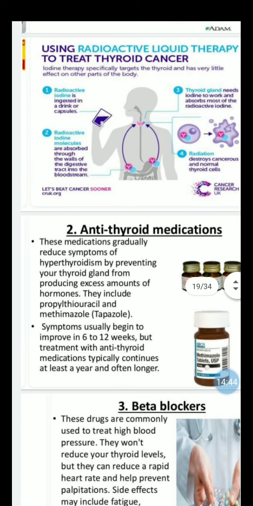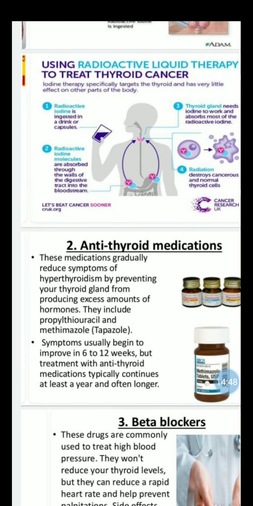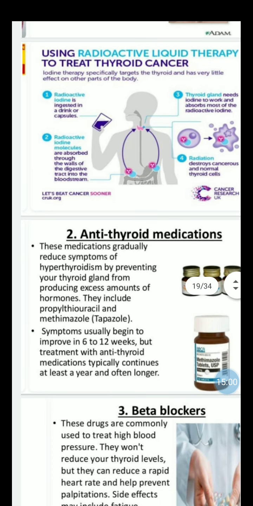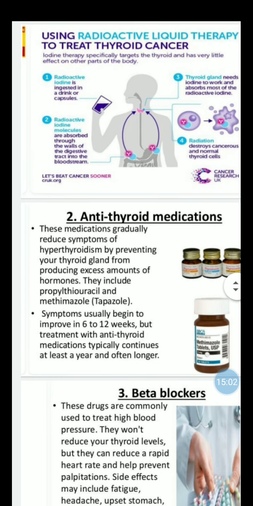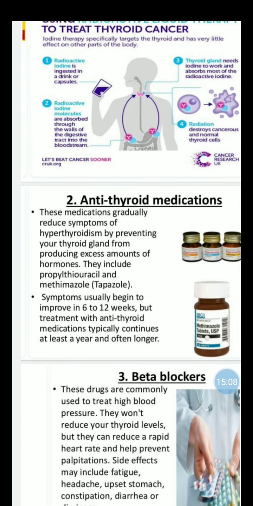Next, the use of anti-thyroid medications. What is the role of these medications? These medications are used to reduce the symptoms of hyperthyroidism and also prevent your thyroid gland from producing an excess amount of hormones.